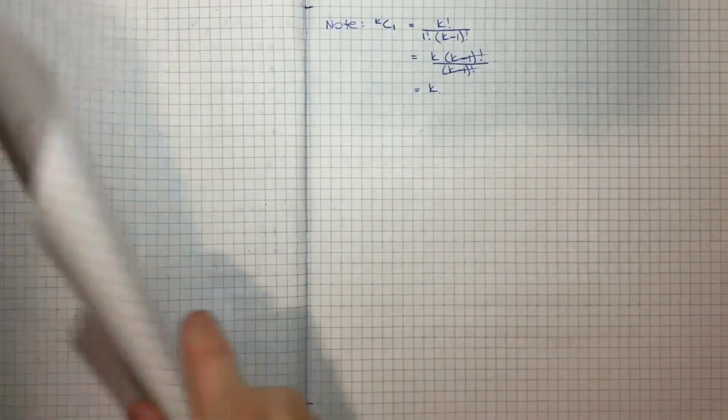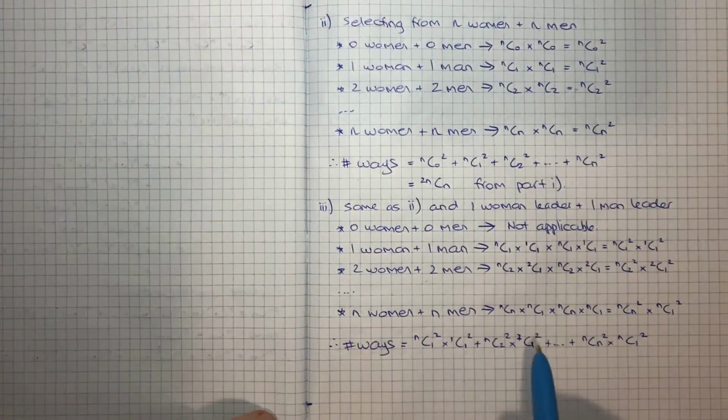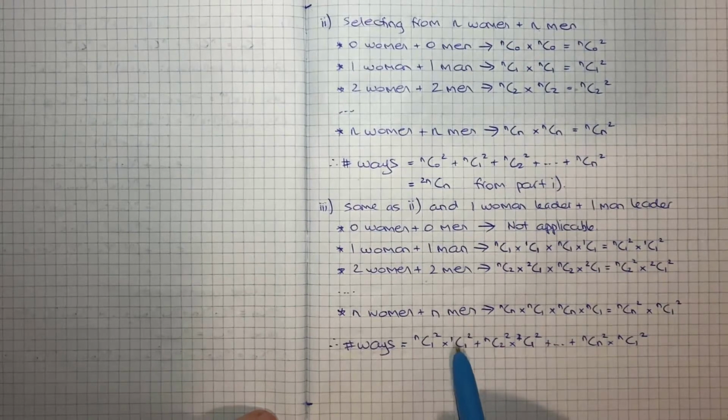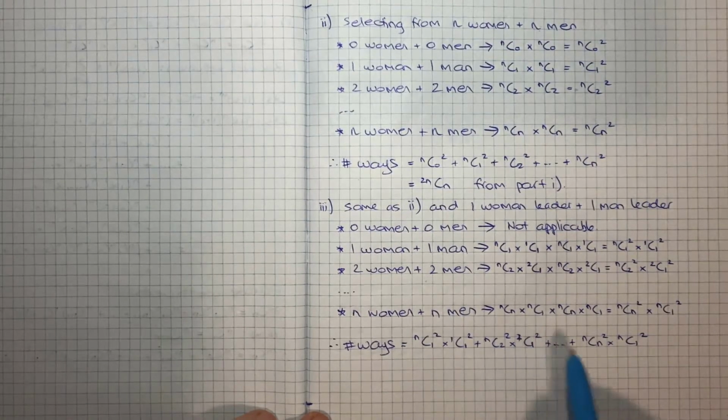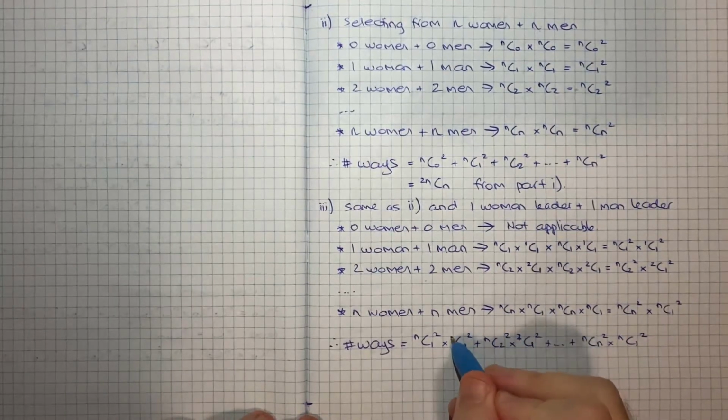So now every time we get our 1C1 or 2C1 or nC1, we can just replace that with 1, 2, n, because each of these will just be the value up here.